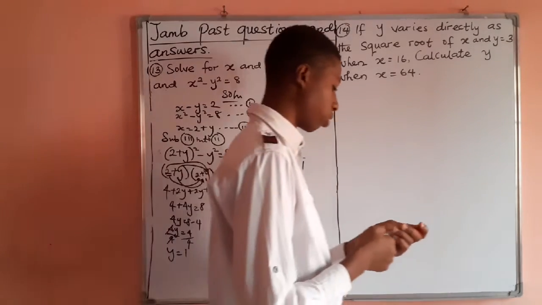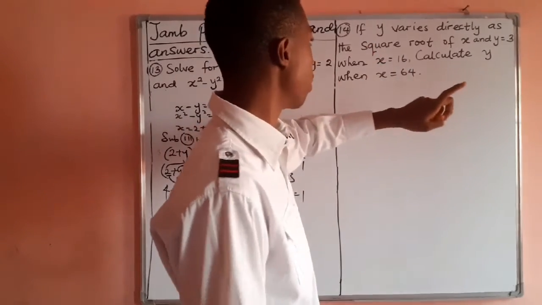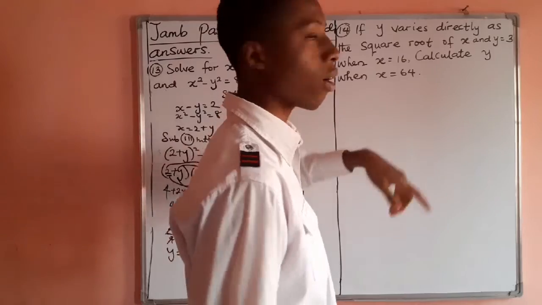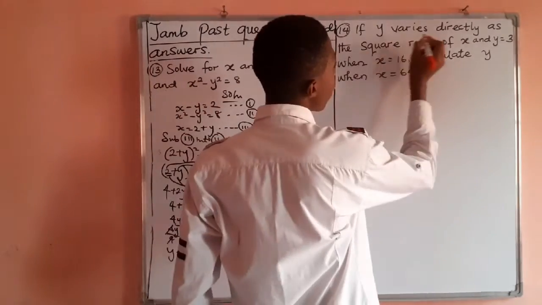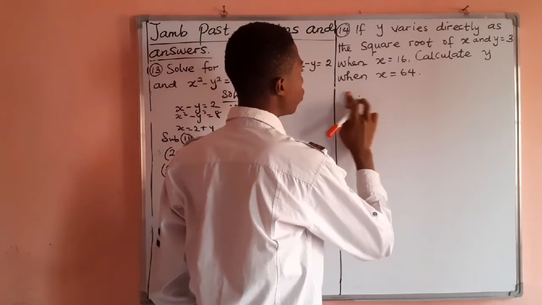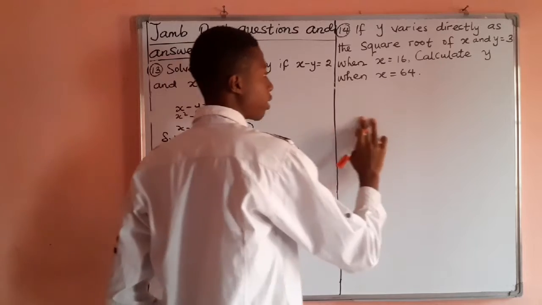Now looking at this question also: if y varies directly as the square root of x, and y equals 3 when x equals 16, calculate y when x equals 64. Look at this question very well. This is variation, and I know you must learn this because it definitely comes out in JAMB.